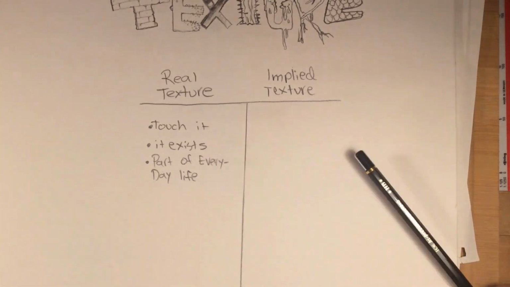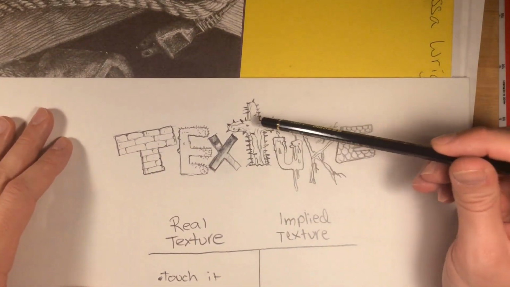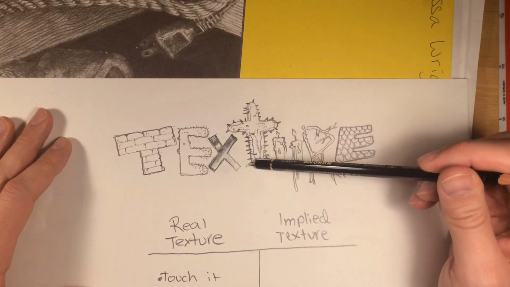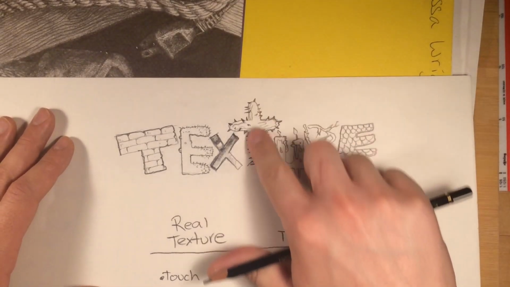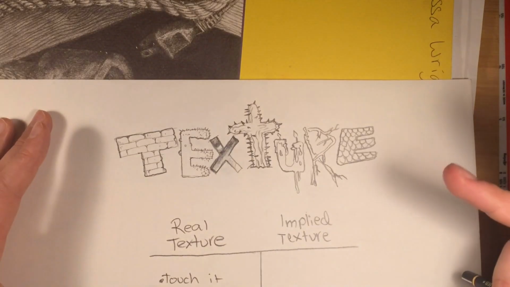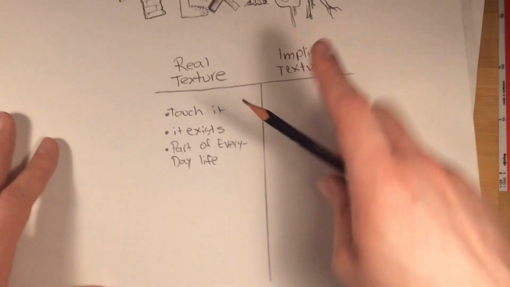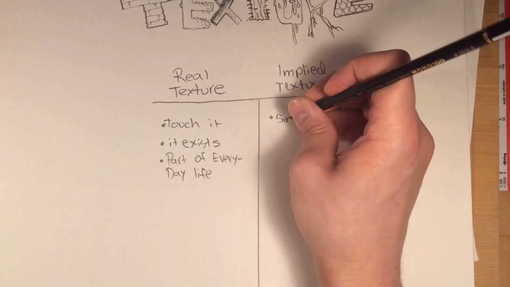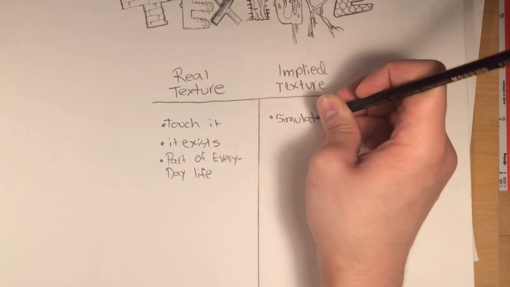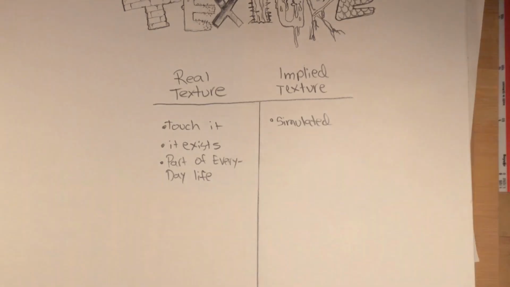Because if I draw a spiky texture on a smooth piece of paper, even if I make it look spiky, when I touch it, it doesn't feel spiky. It feels smooth because it's on a smooth piece of paper. So implied textures, you could call them simulated textures, because they look a certain way, but they don't feel that way.